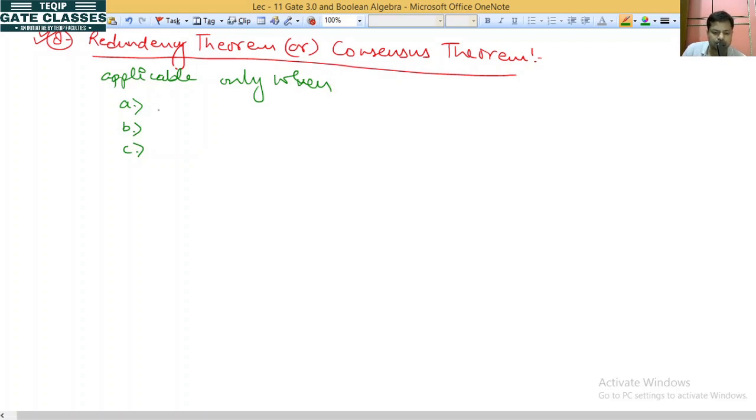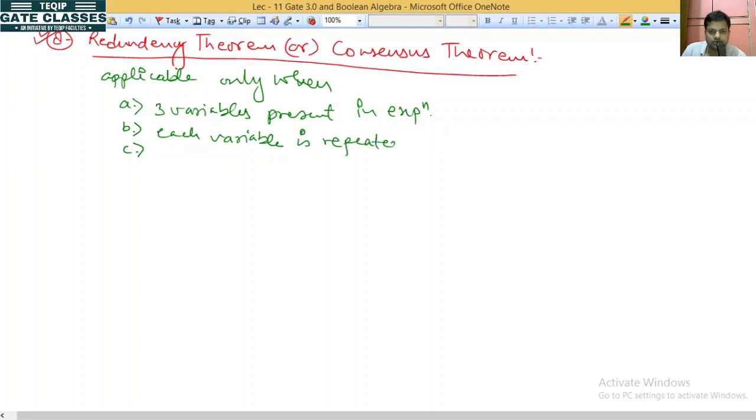The first option is 3 variables present in the expression. How many variables you have to present? 3 variables. Each variable is repeated how many times? 2 times. Okay na?